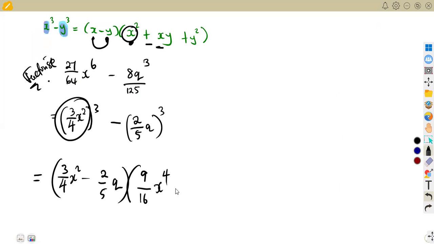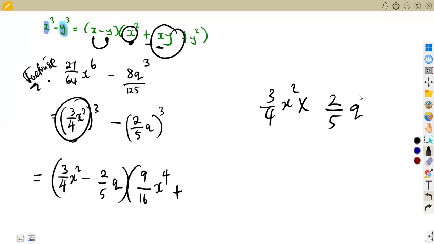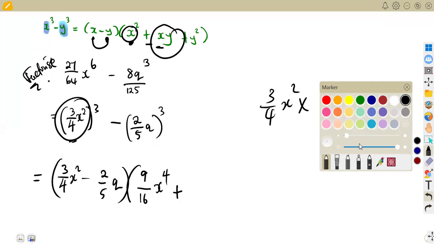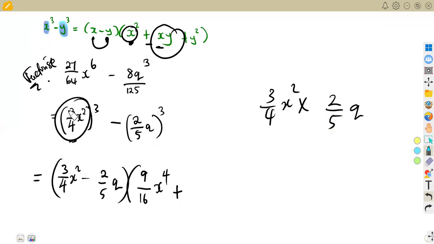Plus xy, the product of the first and the last. The first term, 3 over 4x squared, times the last, 2 over 5q. That is our last term. Remember, guys, this is our presentation: this is our first here, and this is our last, so we are simply multiplying.